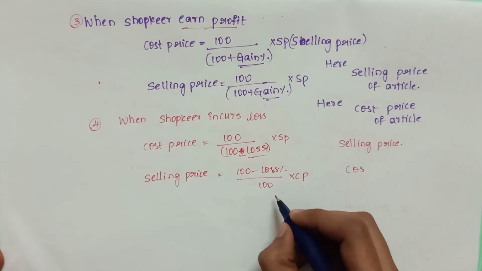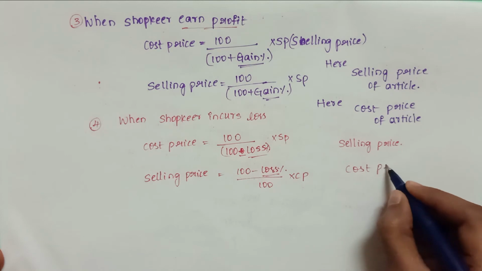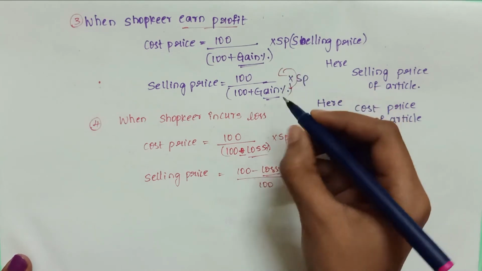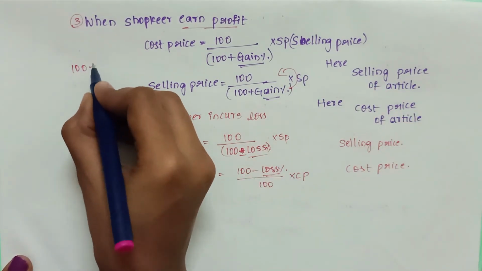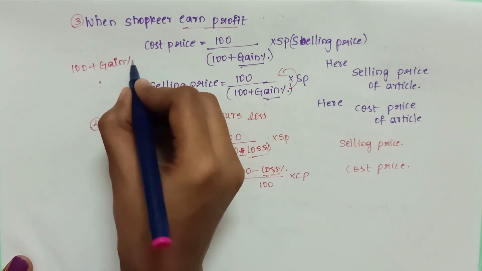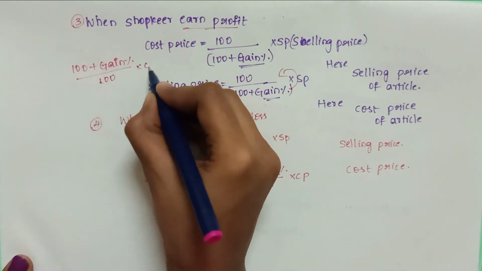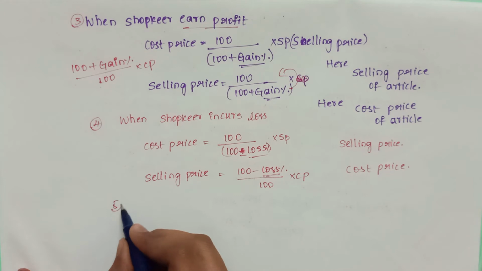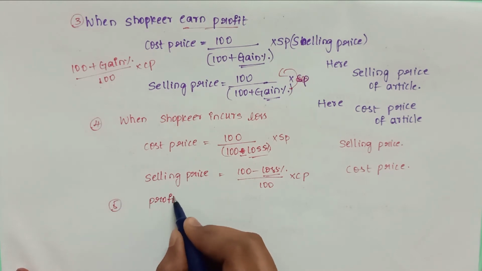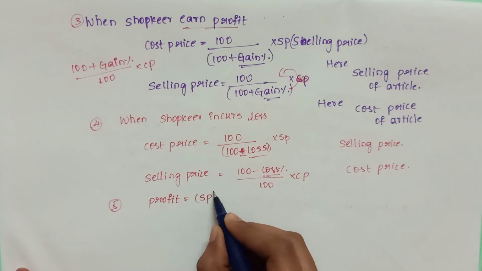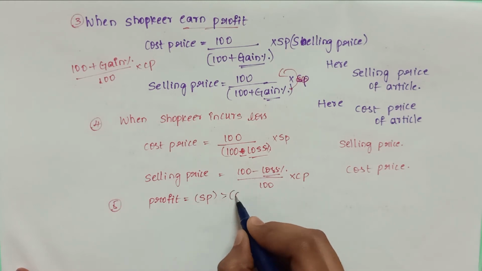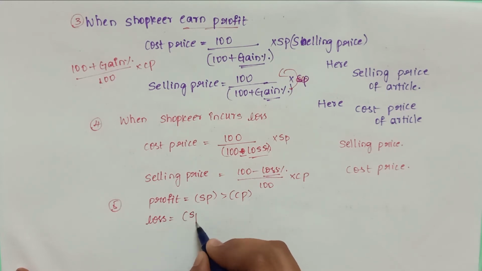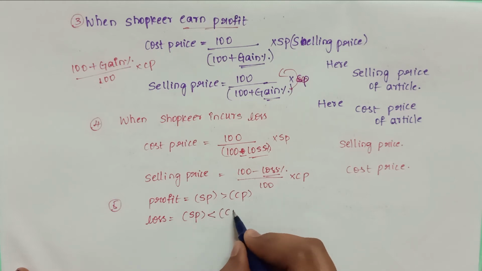Sorry, before in selling price, this is reciprocal. That means 100 plus gain percent by 100 into CP, not SP. This is reciprocal. Fifth one, profit is when selling price is greater than cost price, where loss is when selling price is less than cost price.